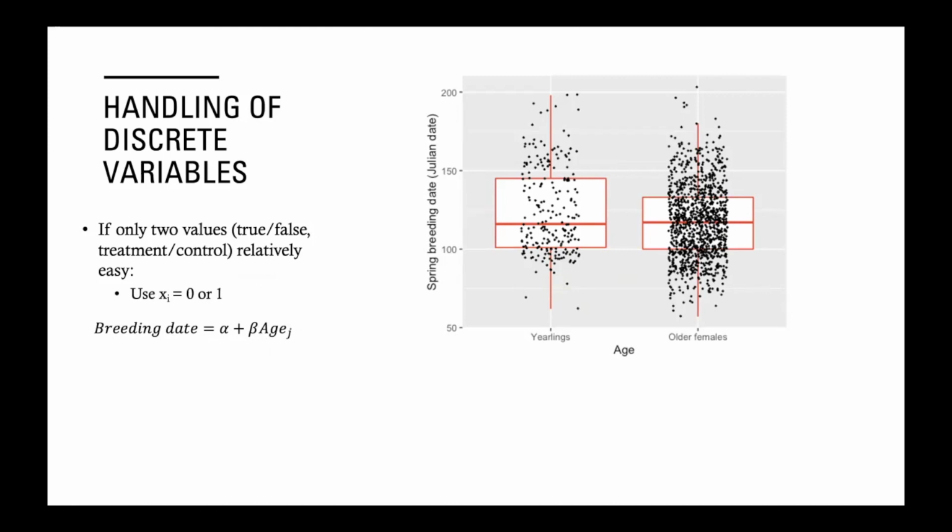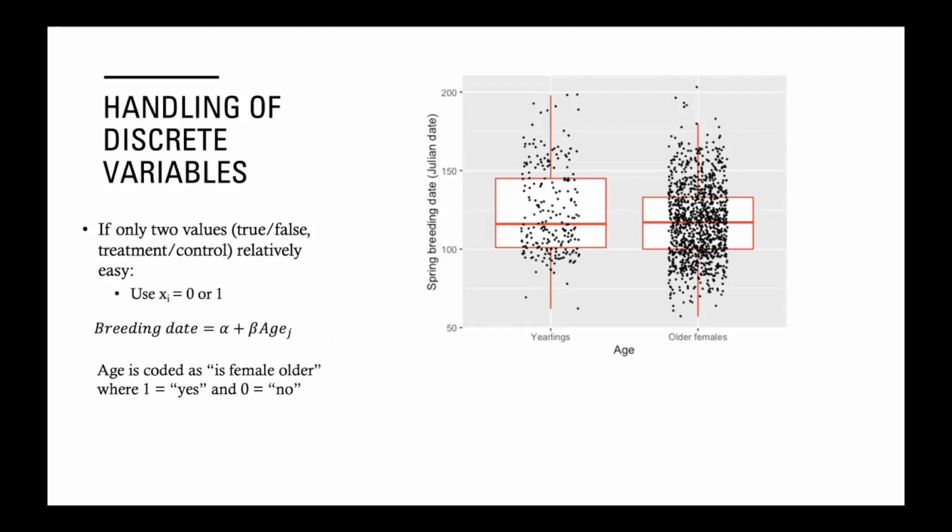Now, it's a little bit weird to be thinking about a slope and an intercept when we're talking about categorical predictors, but our interpretation of the intercept and the slope are still the same. What's different is how we describe this effect of age. In this case, age is a category with 2 levels.